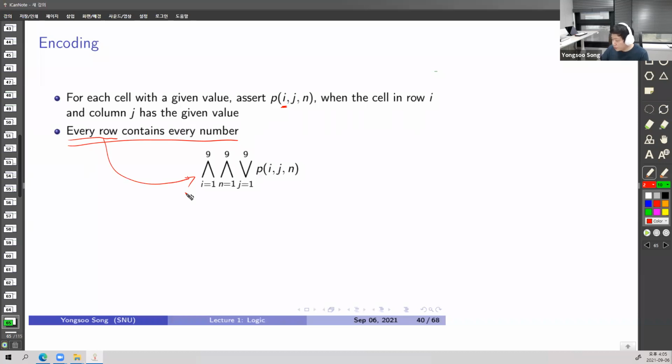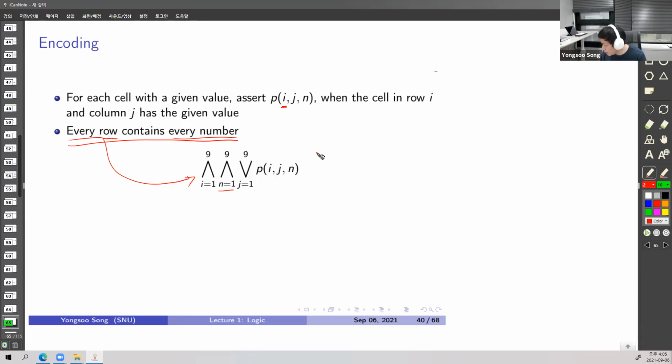And in each row, every number should be contained in at least one cell. So for every n, where n is from 1 to 9, n should be assigned to at least one cell in the ith row.